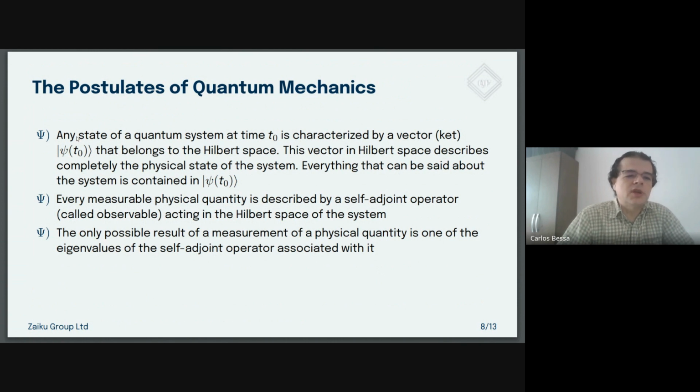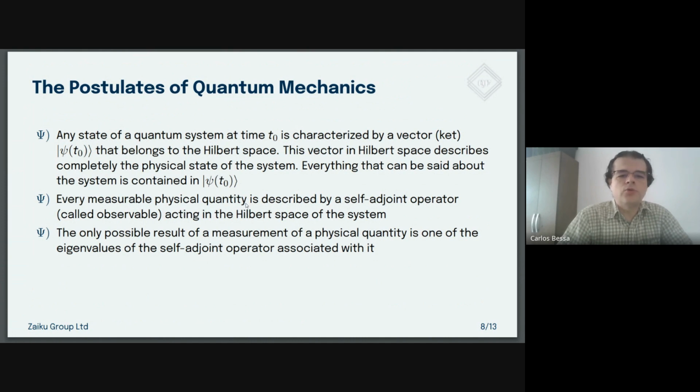So the postulates are basically these. Any state of a quantum system at a time t0 is characterized by a vector, that we call ket psi, that belongs to the Hilbert space. This vector in Hilbert space describes completely the physical state of the system. Everything that can be said about the system is contained in this ket psi.